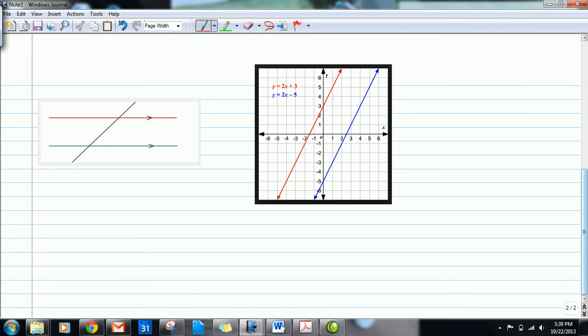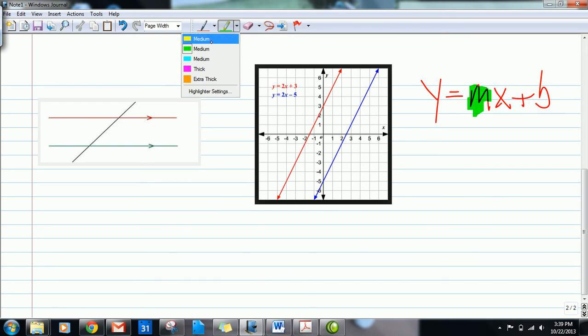Another way we can think about slopes on the coordinate plane is with lines, right? Recall we've been working a little bit with this y equals mx plus b, right? Which is called slope m, intercept b form of a line, right? So we're kind of focusing right now on slopes.